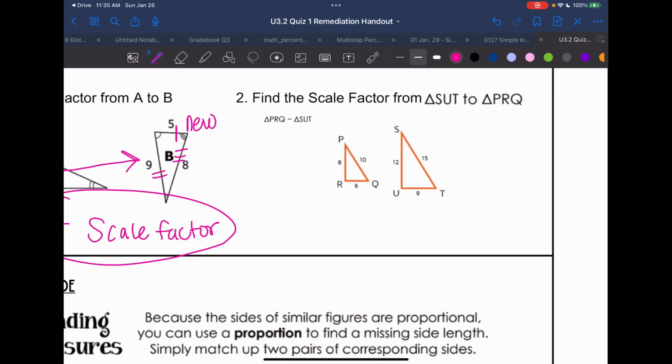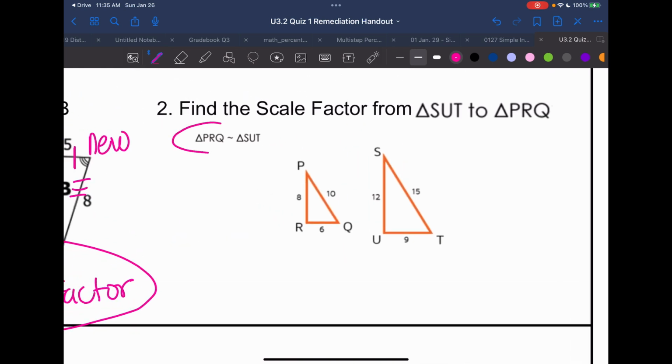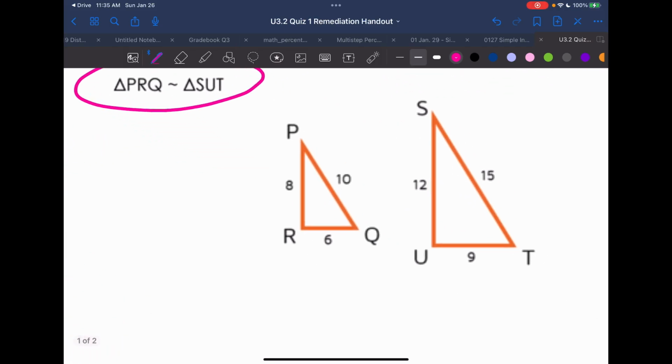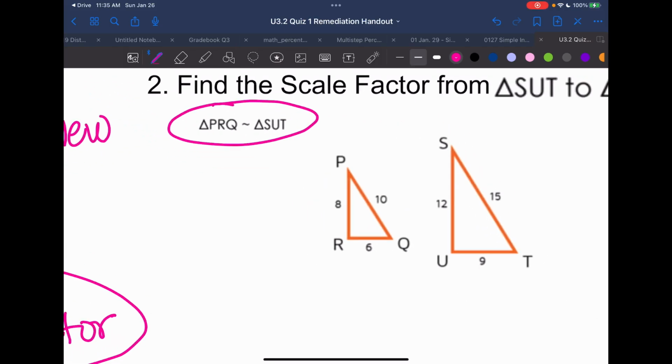Number 2 says find the scale factor from triangle SUT to triangle PRQ. So remember, this right here is a similarity statement. It says triangle PRQ, the small one, is similar to triangle SUT, which means they're the same shape, just a different size. In this picture it's obvious which sides are corresponding, but I could use a similarity statement to know for sure.